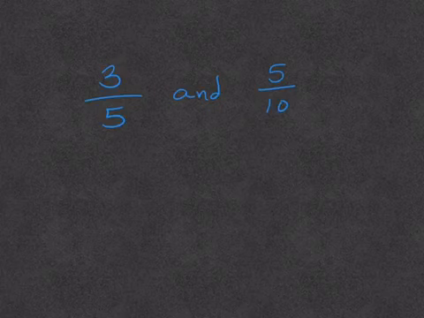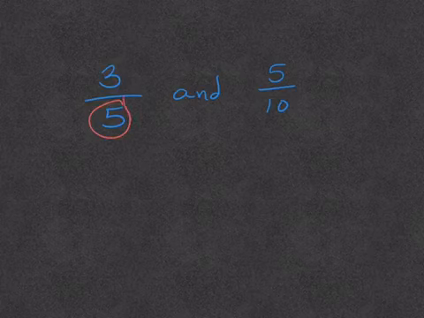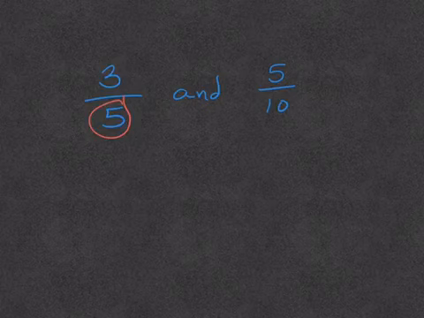And let me explain. So what I see is that 5 is a factor of 10, because 5 goes into 10. So I can make a common denominator by finding equivalent fractions.